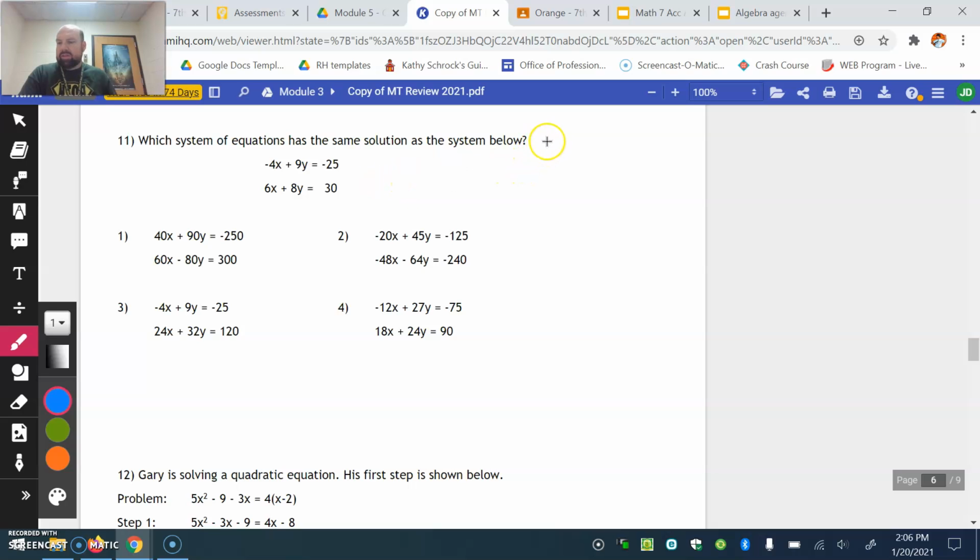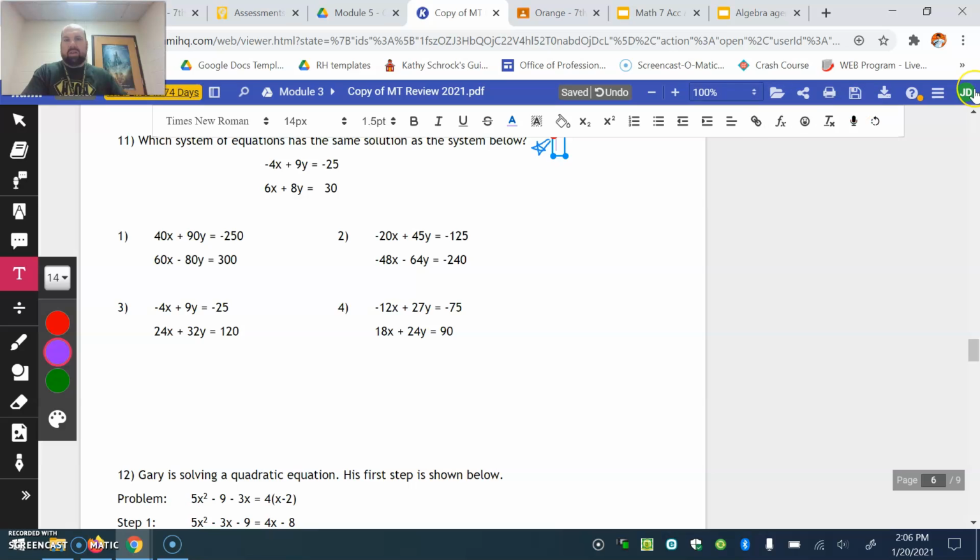Now, there's two things that we're looking for here, okay? One is that they must be multiplied. Actually, I'm going to put this in text. Believe it or not, I can actually type fairly fast.